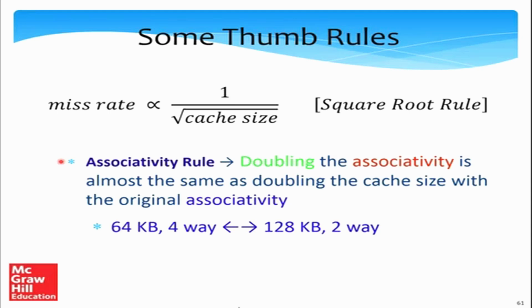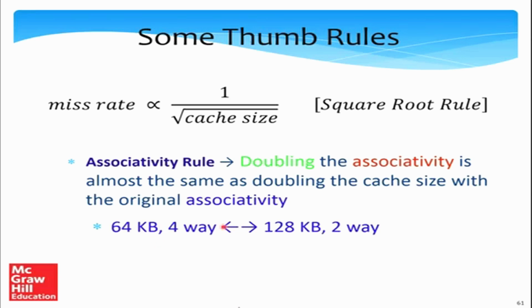The associativity rule says that doubling the associativity is almost the same as doubling the cache size while keeping the original associativity. To give an example, a 64 KB 4-way cache will roughly have a very similar miss rate as a 128 KB 2-way cache.